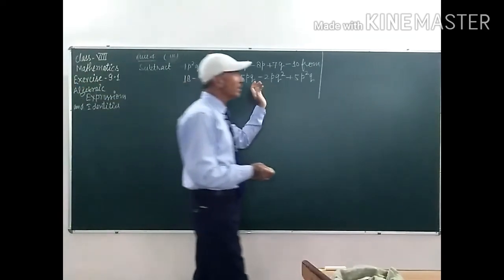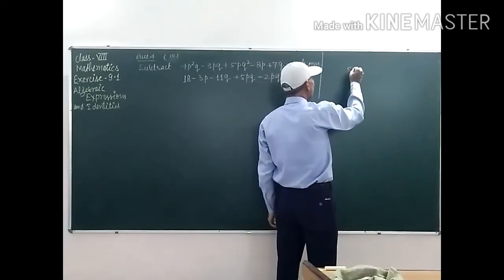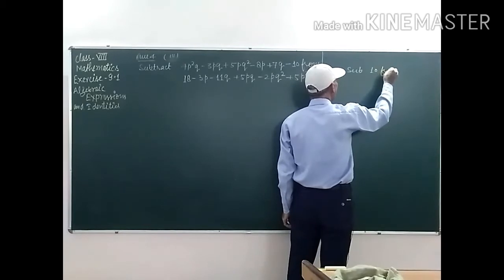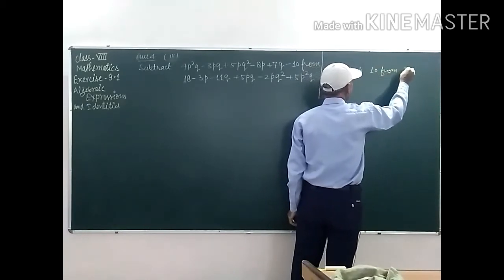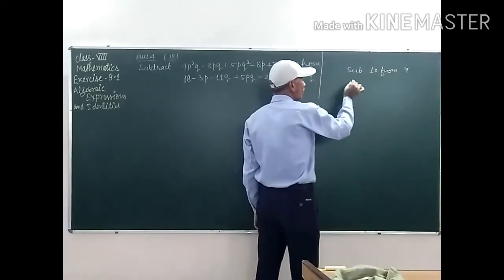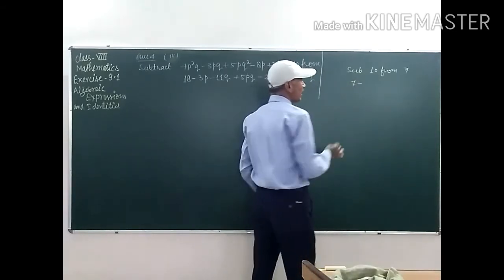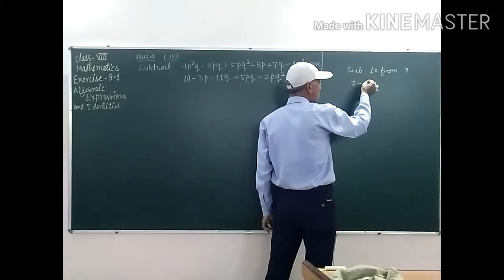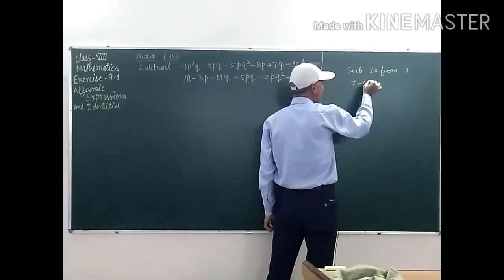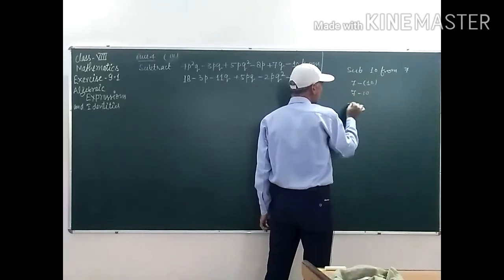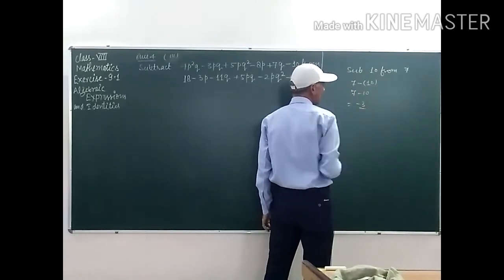Okay students, it means subtract 10 from 7. Okay students, first of all you have to write 7, after that you have to put a sign of minus, after that you will write 10. Okay student, so 7 minus 10, that is minus 3.